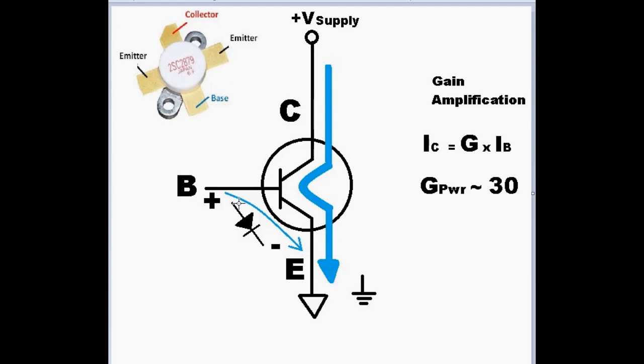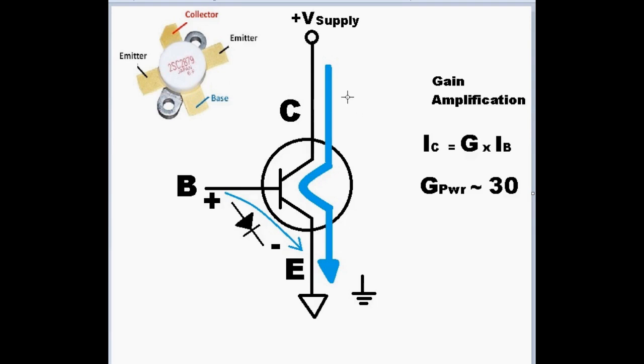So a small voltage, small current flow from the base to the emitter allows a much more large, massive current flow from the supply, the collector, to the emitter, as shown by the heavy blue arrow. And that is what allows the transistor to control the flow of electricity, and also produces gain, amplification.